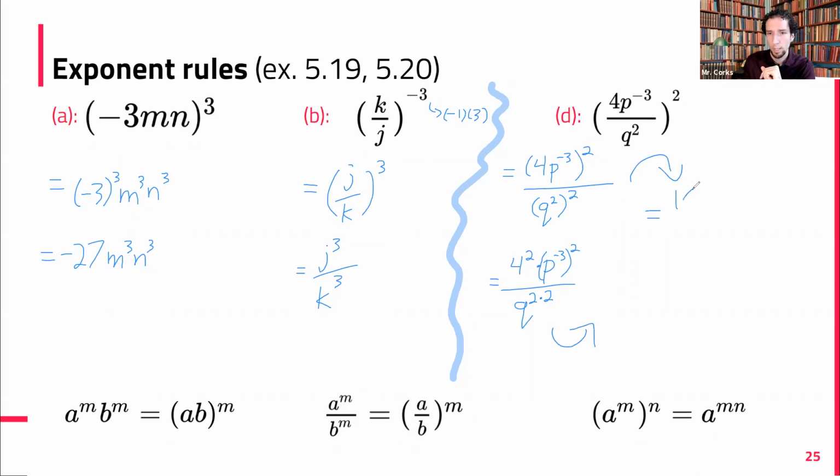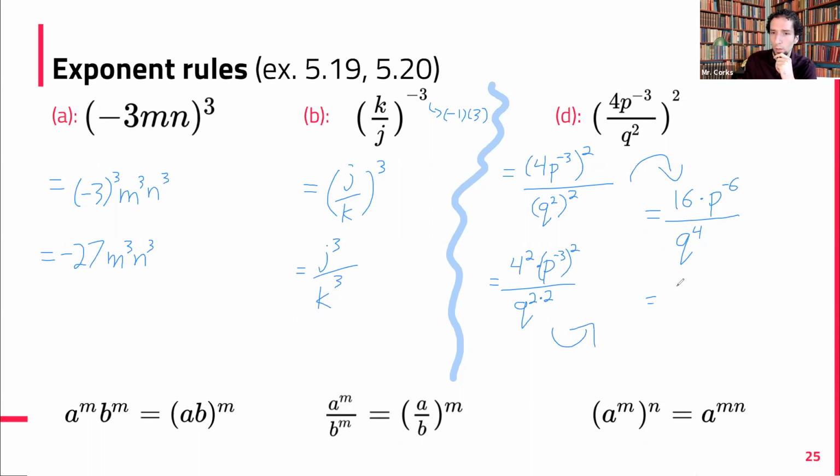So that's 16 on the top, 4 squared is 16, times p to the exponent -6, -3 times 2, that's -6, over on the bottom, q to the exponent 4. And then I want to do one more to again get rid of the negative exponent we have on the top.